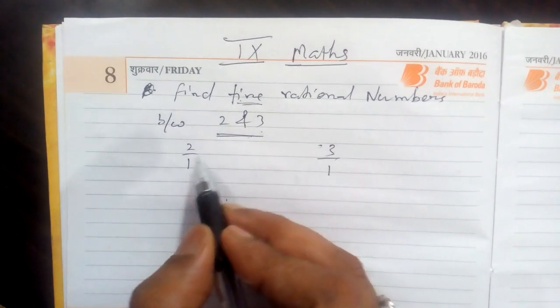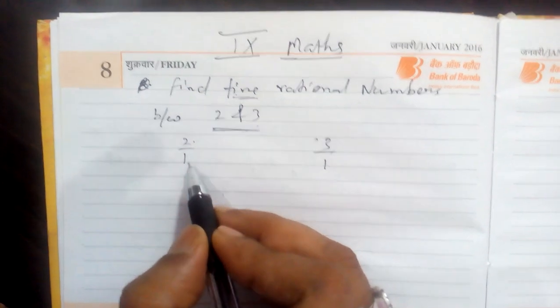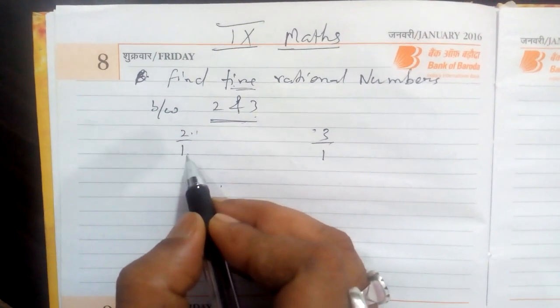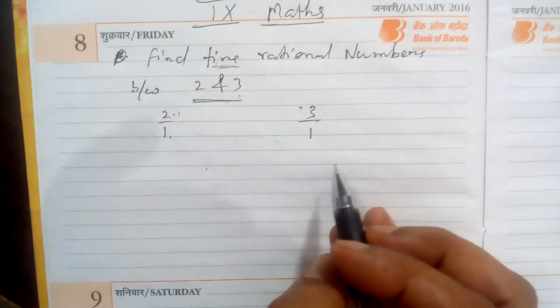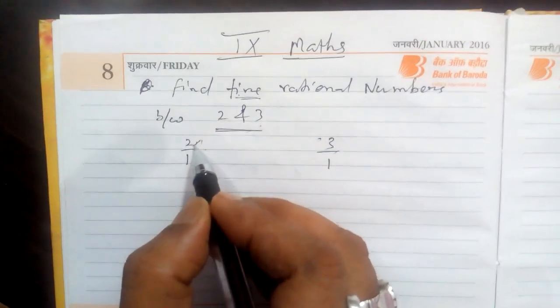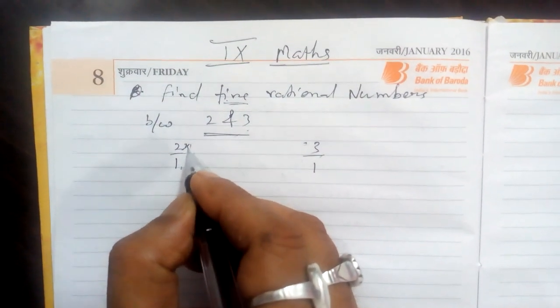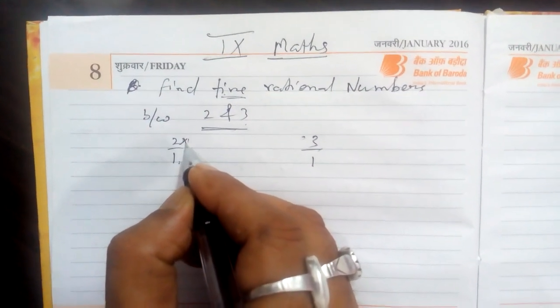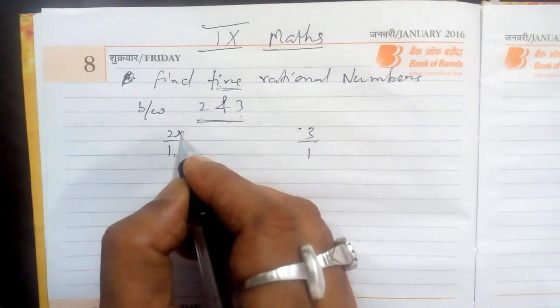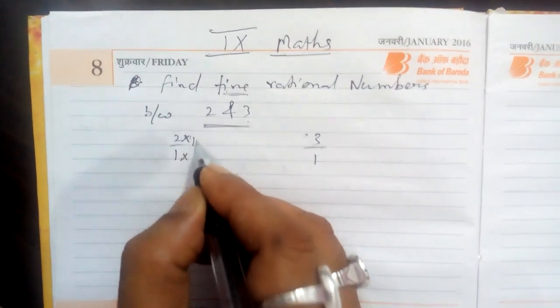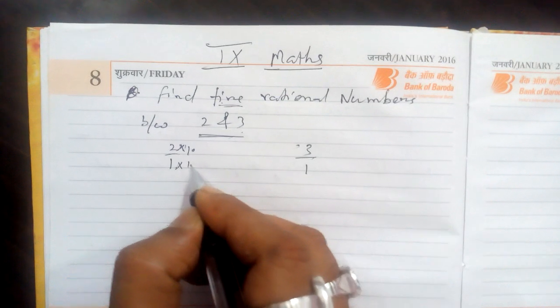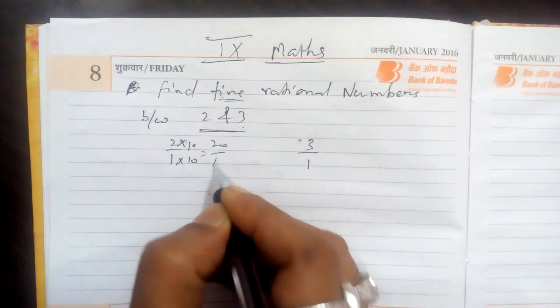You multiply the numerator and denominator by the same number and write the equivalent fraction. So 2 multiplied by 10 over 1 multiplied by 10, you will get 20 by 10.